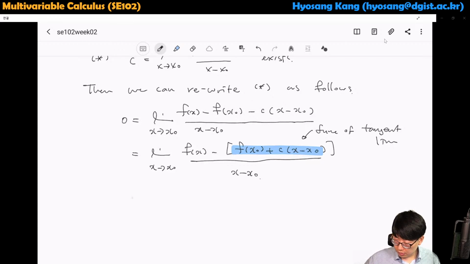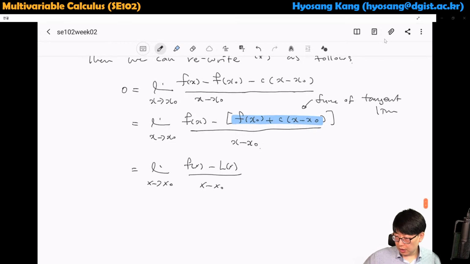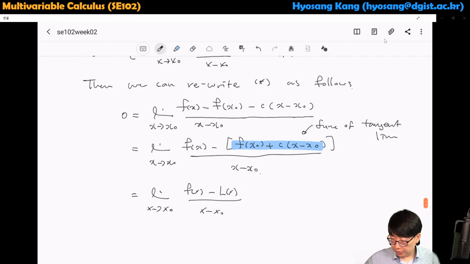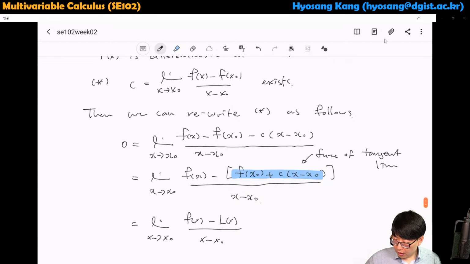Same as the single variable function, we have minus L(x) over x minus x0. Instead of taking the single variable function, we take the two variable function. I can also put the absolute value sign around everything here, because if the ratio approaches 0, it doesn't matter whether it approaches from the negative or positive side.